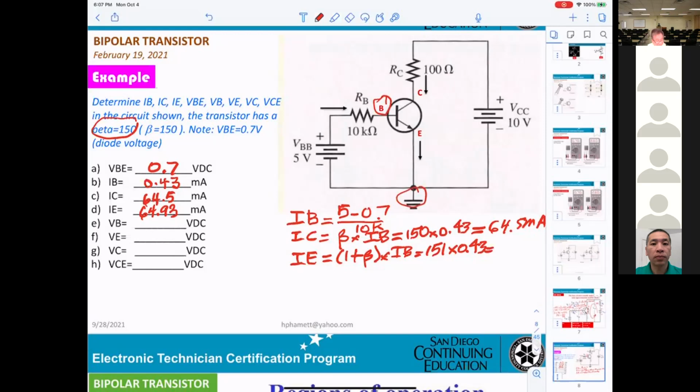In this case, general definition for VB: the voltage from the base to the common. In this case, you don't have an RE, so that VB will be from B to the ground, 0.7. Correct. That means you just measure across the diode.